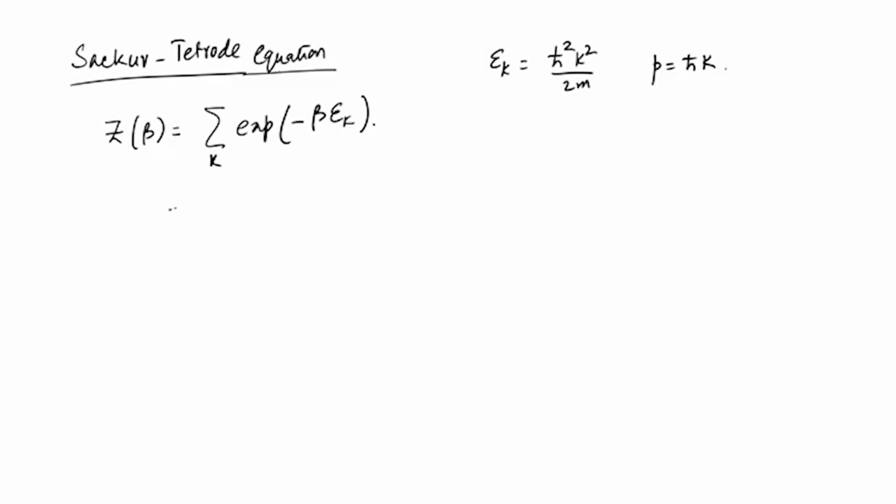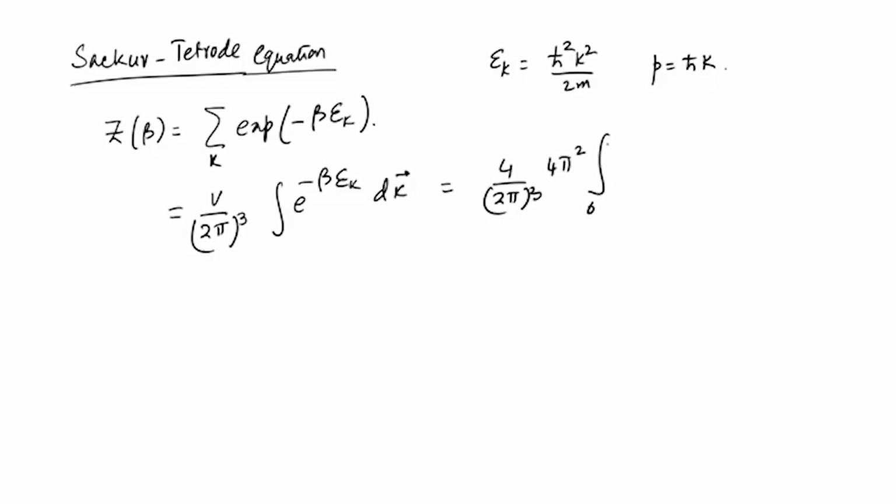So, once you write this down and have to evaluate it, you convert it into an integral, and you write this as e to the power minus beta e_k, and then you have a dk, and this is nothing but equal to V over (2 pi) whole cube, times 4 pi, and then you have 0 to infinity, k squared e to the power minus beta h cross squared k squared over 2m, dk.